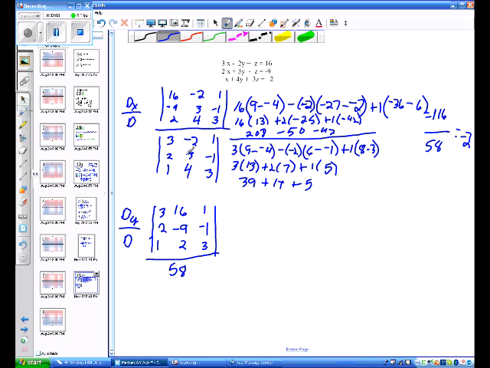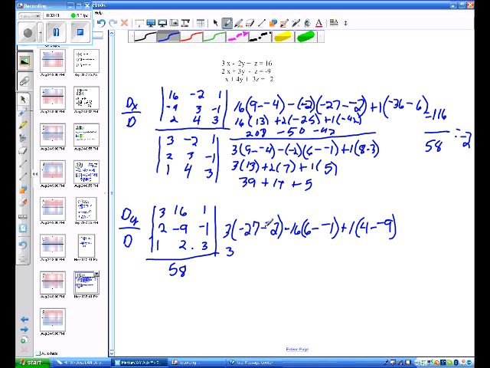Okay, I'm still going to use that first row. Since I used it up here, I'm going to use it in all of them. So I've got 3 times negative 27 minus a negative 2 minus 16 times, first row, middle column, 6 minus a negative 1, plus 1 times 4 minus a negative 9.